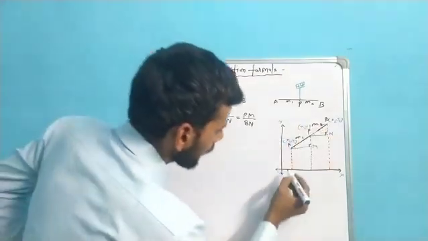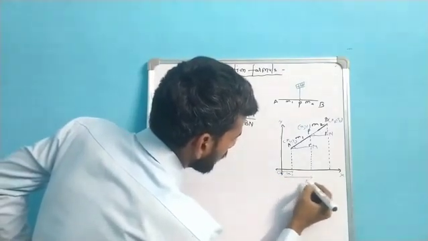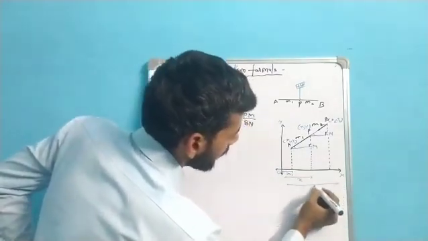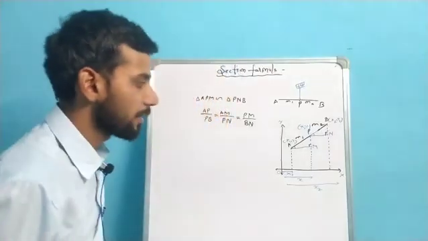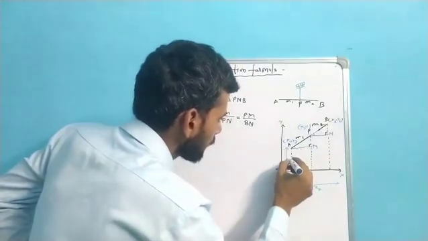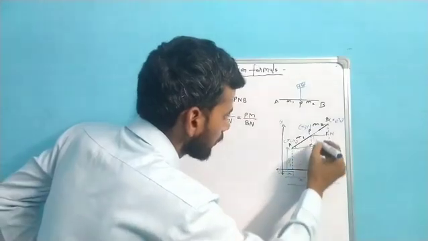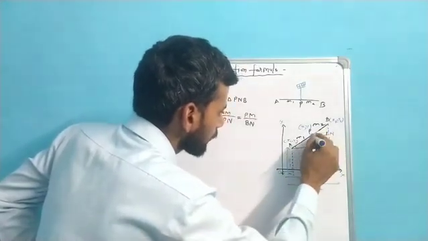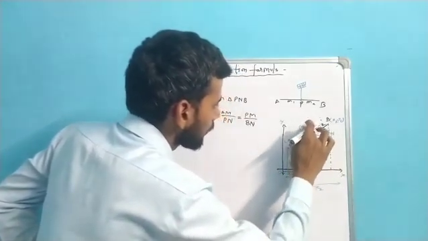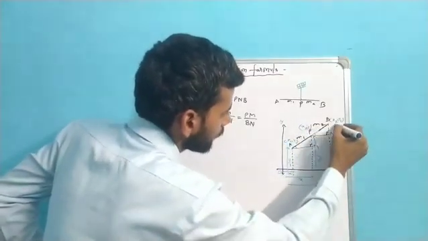So this is the x1 distance, this becomes x distance, and this will be x2 distance. Similarly, on the y-axis, this is y1, this is y, small y, and this is y2.